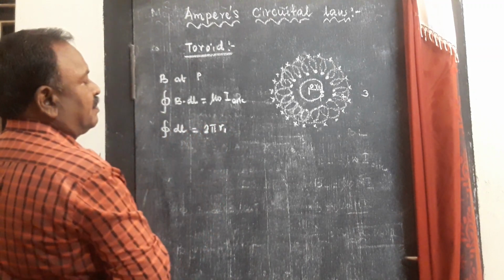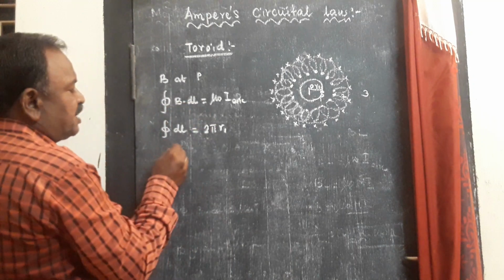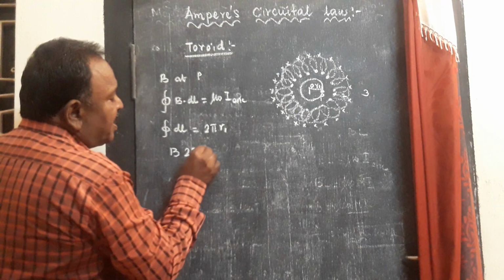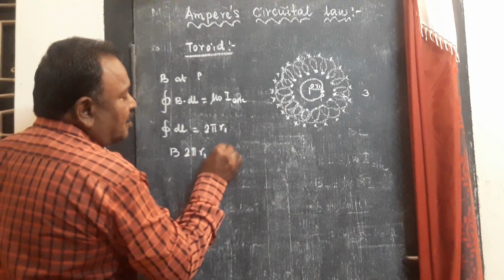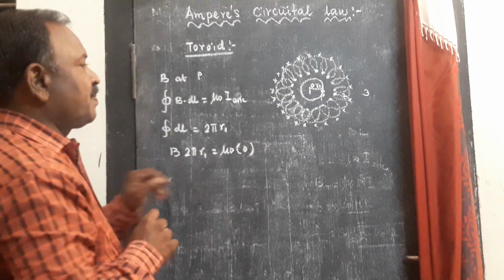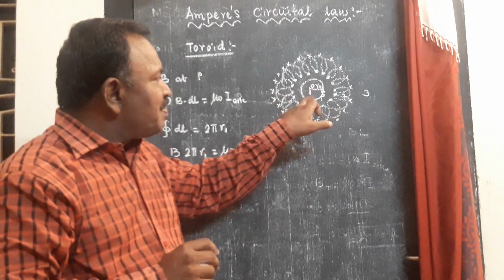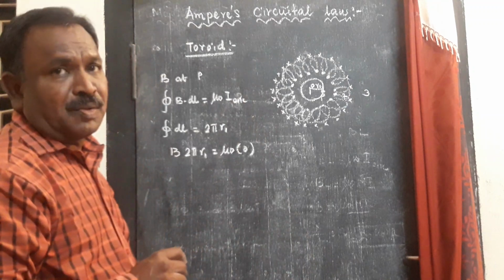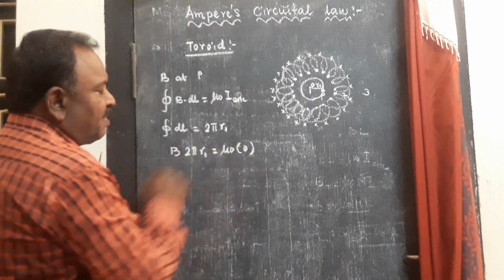So the left hand side of this expression will become B into 2 pi R1, equal to mu naught into 0, because the current enclosed by the Amperian loop is 0. The current is flowing only outside the Amperian loop. So the right hand side will become 0.